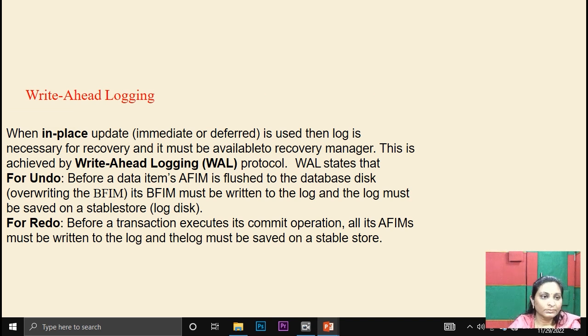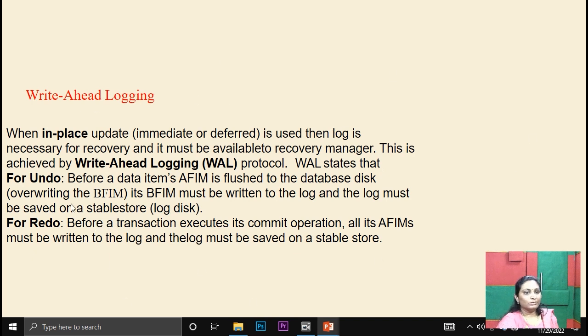Next is write ahead logging. What is meant by write ahead logging? When in-place update, immediate or deferred, is used, then the log is necessary for recovery and it must be available to the recovery manager. This is achieved by the write ahead logging protocol.